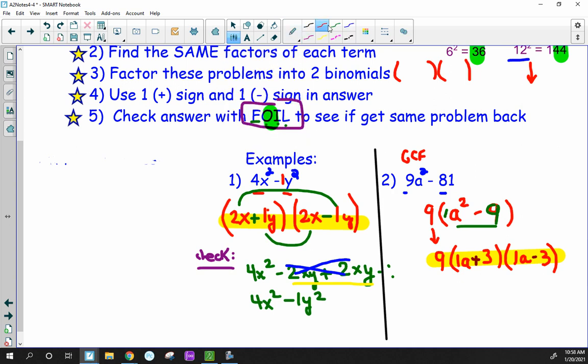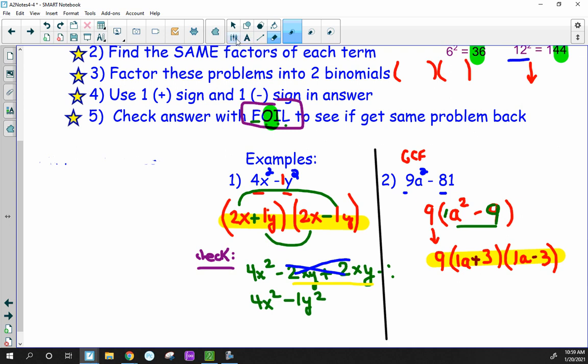And so what I would have you do is, on the check, let's just see if this piece and this piece actually give us this back, okay? Because I know we factored out 9 correctly. So instead of checking all of this, let's just check these 2 binomials. And again, I'm going to share with you a little faster way to check it.